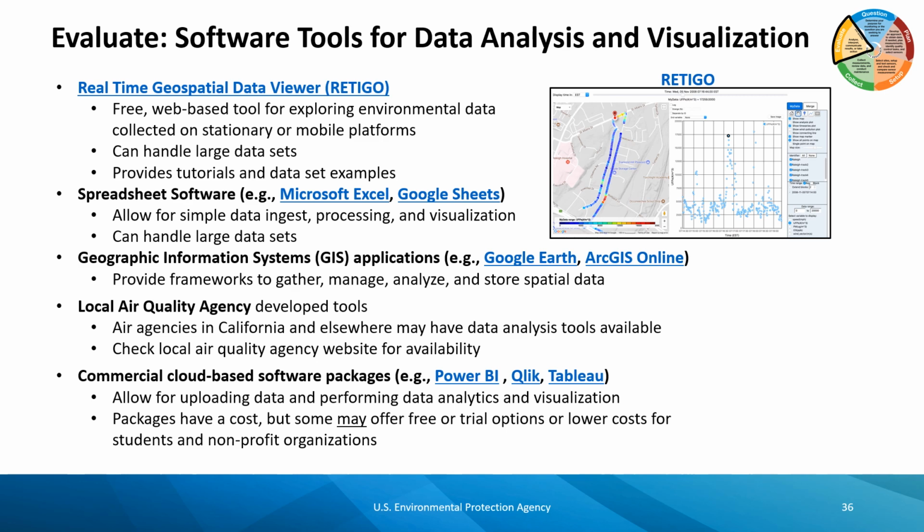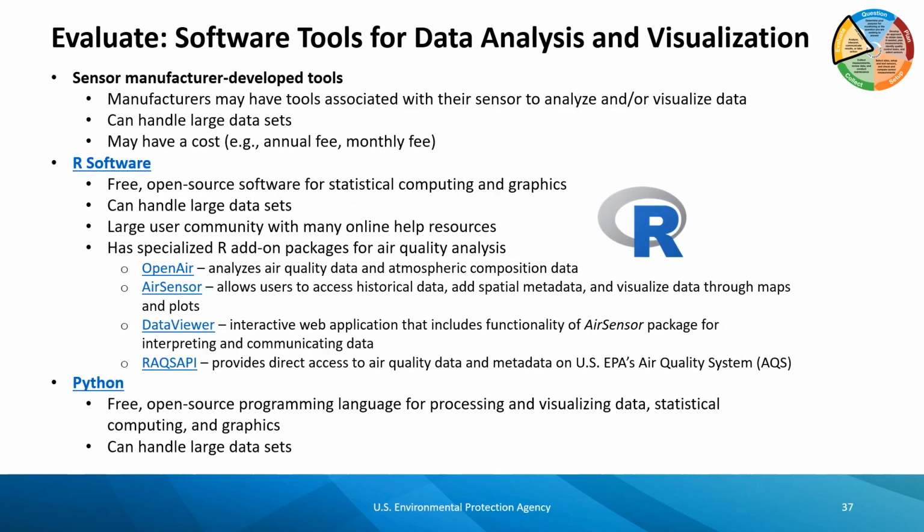Commercial cloud-based software packages such as Power BI, Qlik, and Tableau allow users to upload data and perform data analysis and visualization. These packages do have a cost, but some may offer free trials or lower cost for students and nonprofit organizations. Some sensor manufacturers have developed analysis and visualization tools too, but these tools may be limited to their sensor devices.